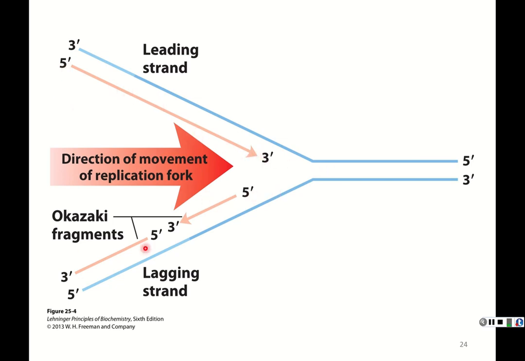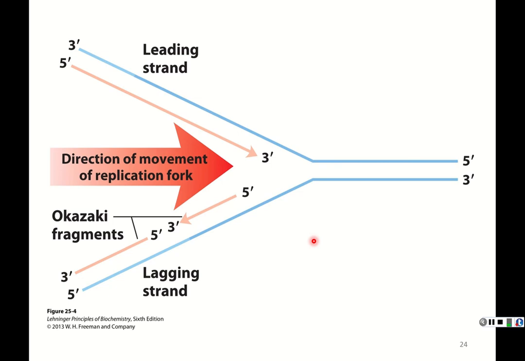The lagging strand is going in the opposite direction. If you're synthesizing 5' to 3', let's say you've unwound to this point, you can synthesize 5' to 3' in this direction, but as soon as this gets unwound further, you're going to have to start another synthesis. That's why you have these Okazaki fragments, and that's termed again the lagging strand.